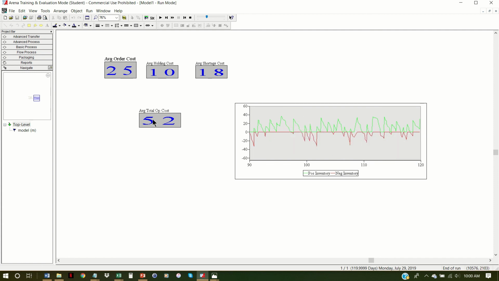So we can look at that. And then we can see that our average order cost is $25, our average holding cost is $10, average shortage cost $18 per day. So our average total operating cost is $52 per day. That's pretty high. We can see if we can tweak some things around and reduce this.